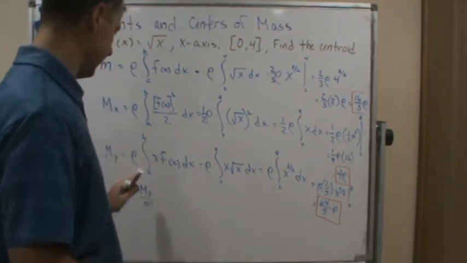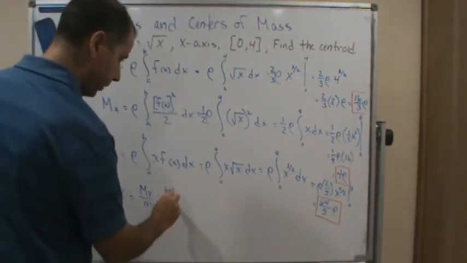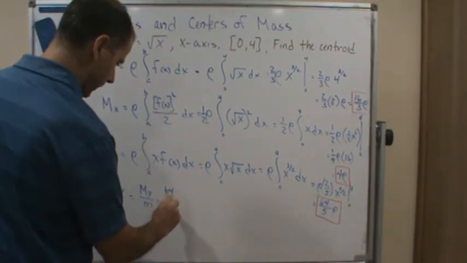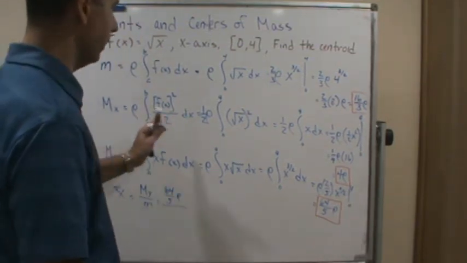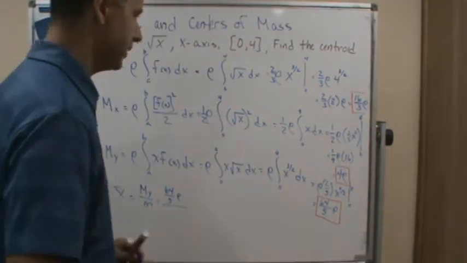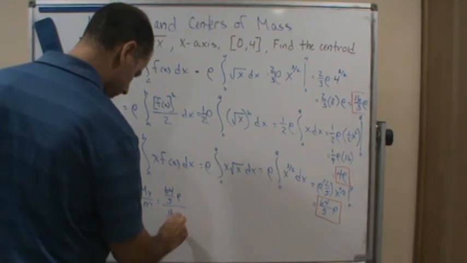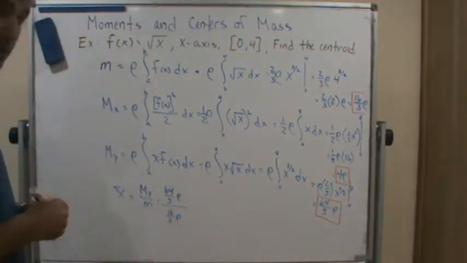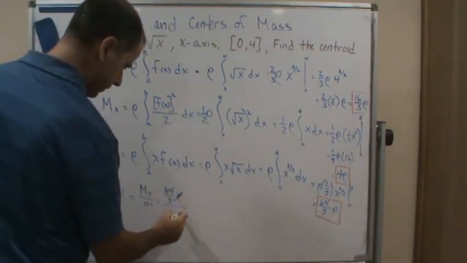M sub y is this. So it's going to be 64/5 rho divided by m, the total mass, which is 16/3 times rho. And look what happens to the two rhos. They cancel.